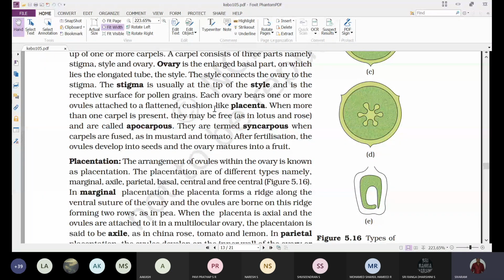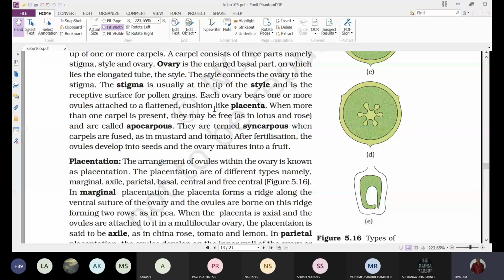So in that case, how can we represent it? When more than one carpel is present, they may be free, as in the case of lotus and rose, and are called apocarpous.